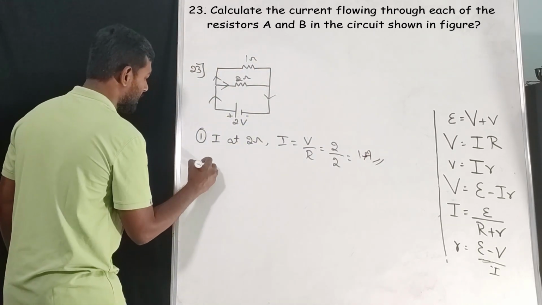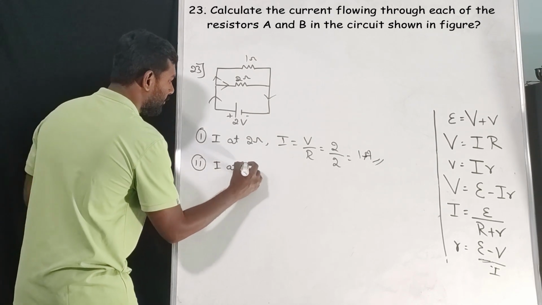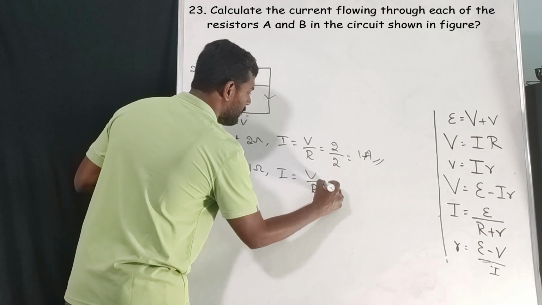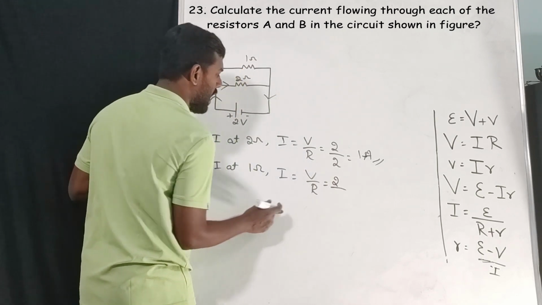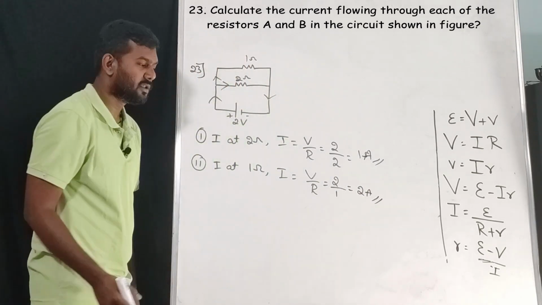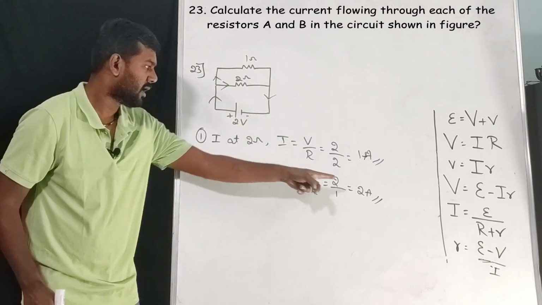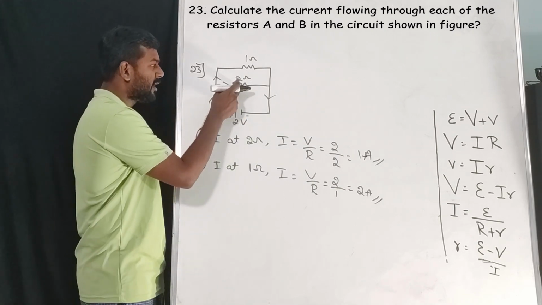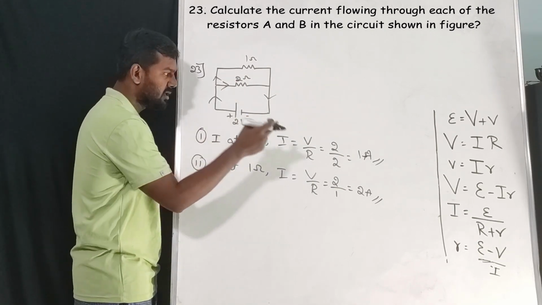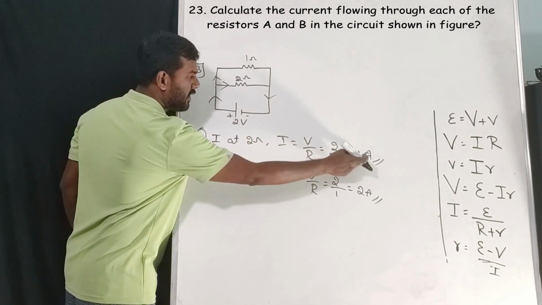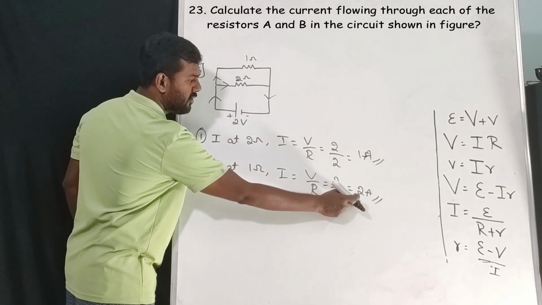Second one, current at the 1 ohm resistance: the same formula, I is equal to V by R. V is again 2 and R is 1, so the answer will be 2 ampere. See, I told you, if the resistance is more, the current will be less. Compare these two: the resistance is more here, so the current is less, and here the current is more.